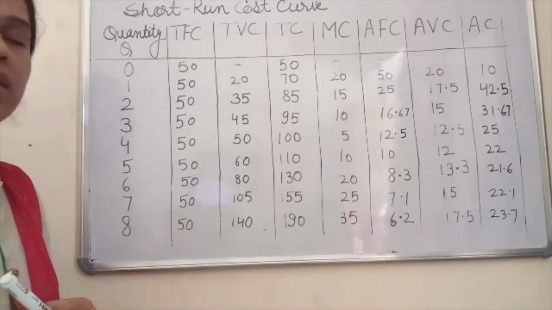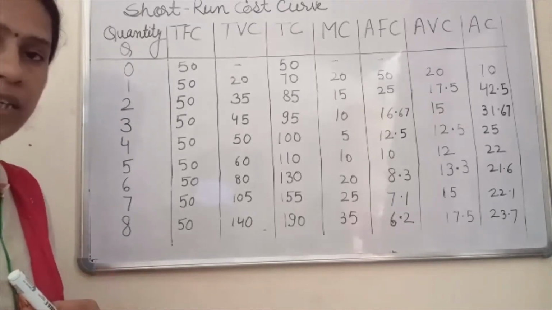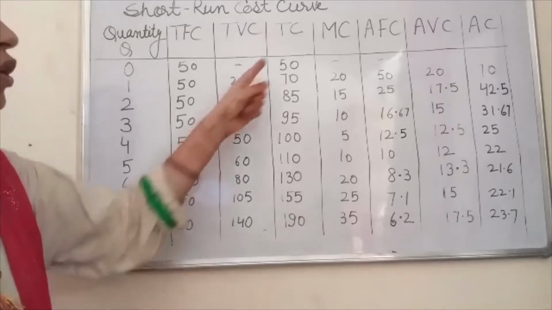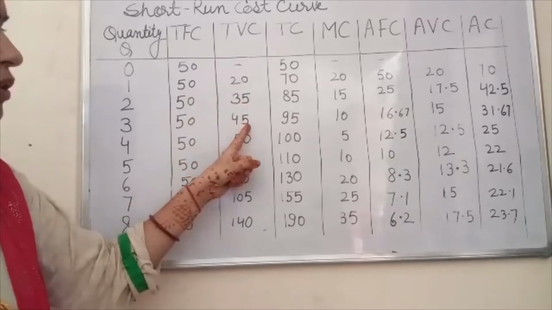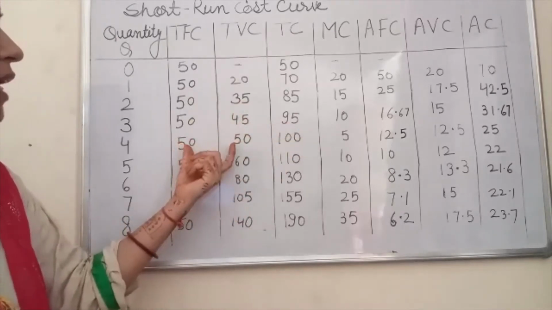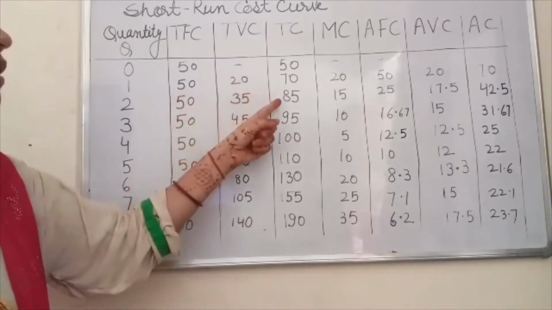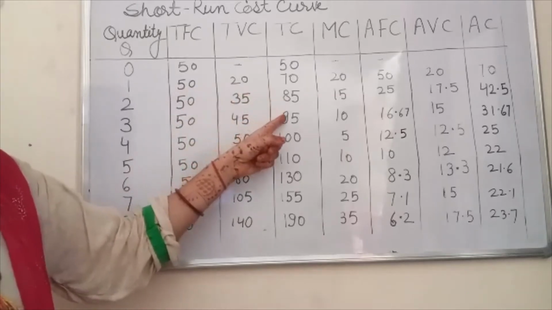Total cost is the sum of total fixed cost and total variable cost. So simply we have added TFC and TVC and we get total cost.